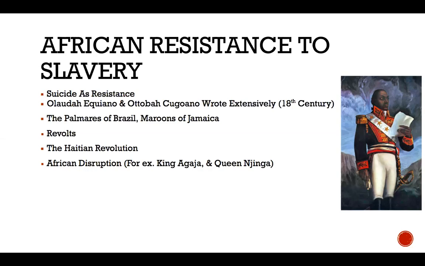That was a real thing. A lot of people would throw themselves overboard, and Olaudah Equiano, who we'll talk about shortly, writes about this, where he saw his countrymen jump overboard in numbers, as resistance. They were not going to serve these masters. They were not going to live in bondage and enslavement. So a lot of them committed suicide.